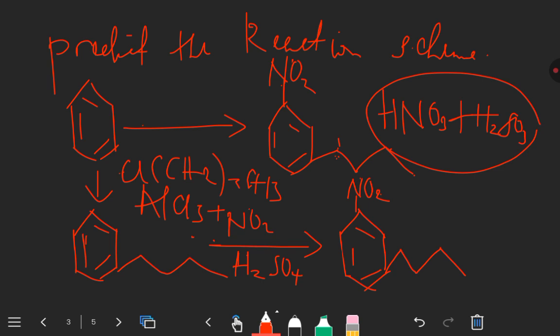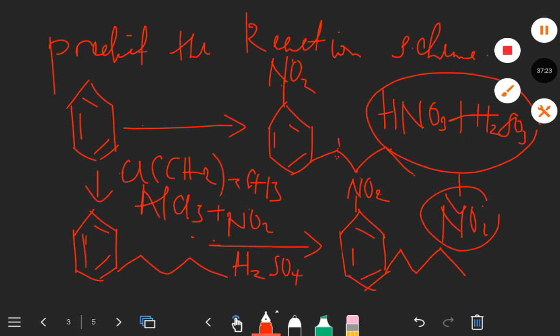That's where it was explained on how the NO2 plus is formed. This is the electrophile. So how this electrophile is formed. Okay. Alright. So basically this is where we end with the reaction mechanisms.